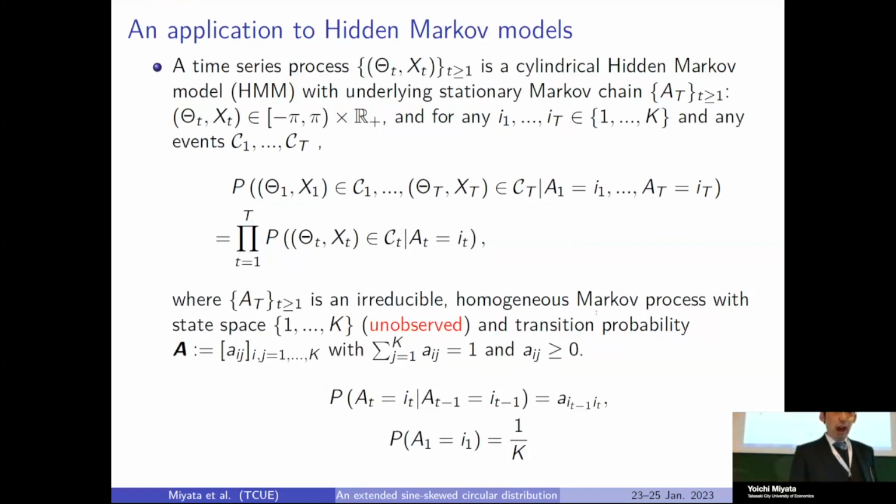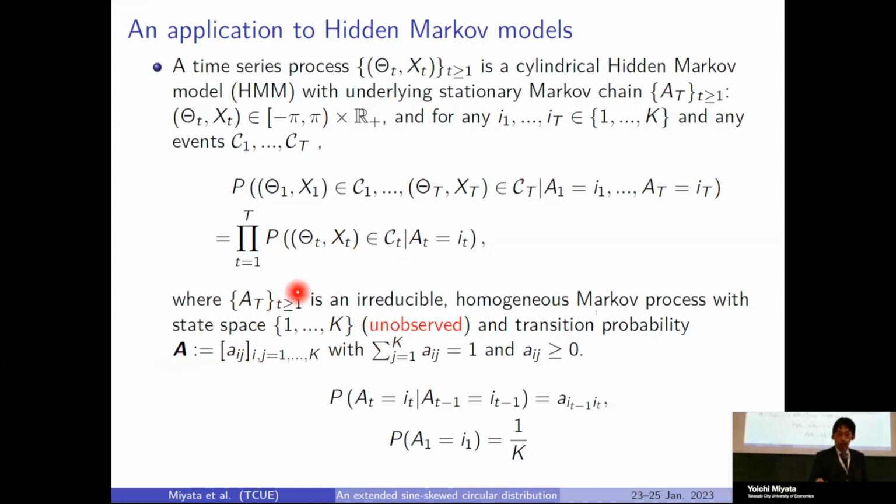Now let me apply the proposed skewing function to a hidden Markov model. Capital A_t is a discrete Markov process with a k-state space, which isn't observed, and capital A is a matrix of transition probabilities.